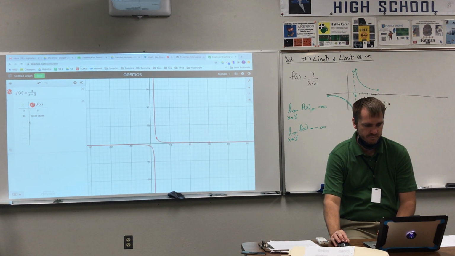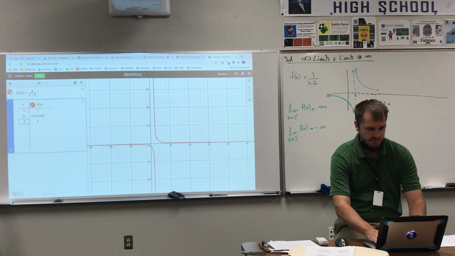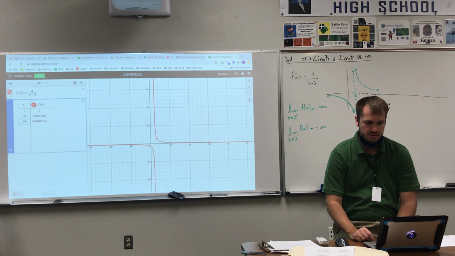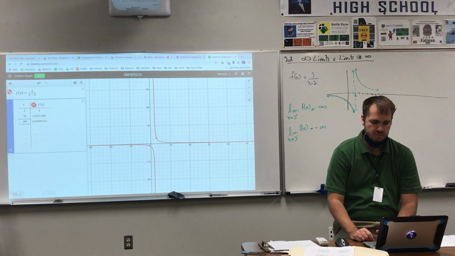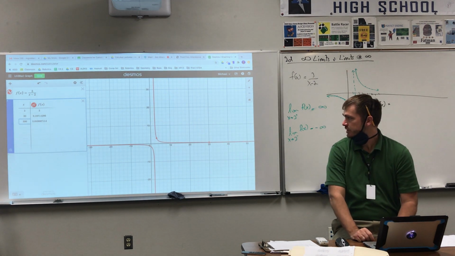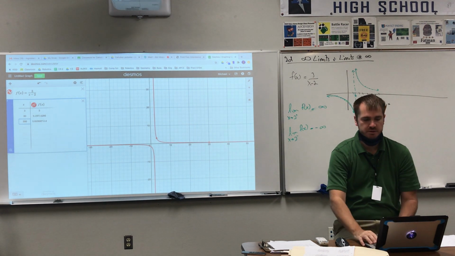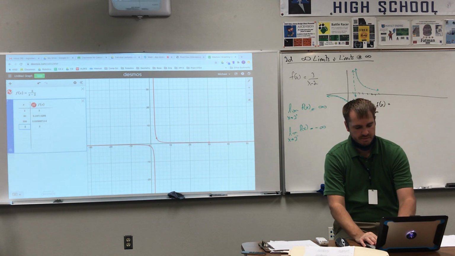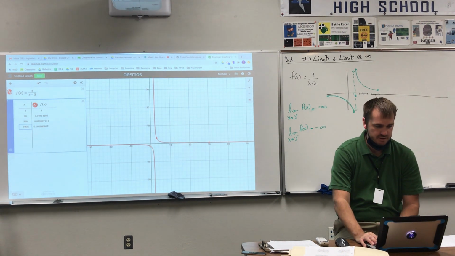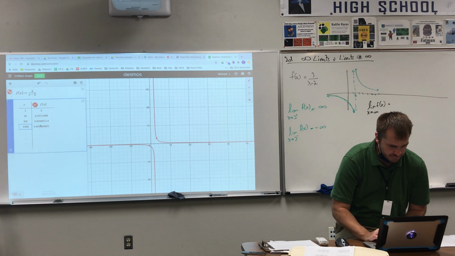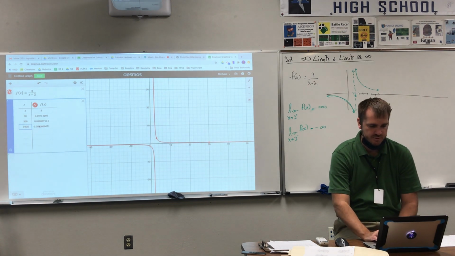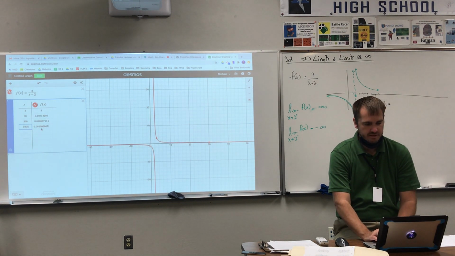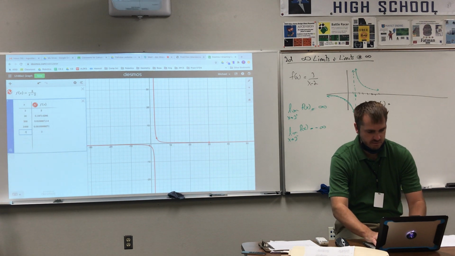What about 300? 0.01000604. So we're getting smaller, right? Getting closer to 0. What about 3,000? 0.001. Okay, so that's definitely smaller than 0.01, and then some other digits after that.